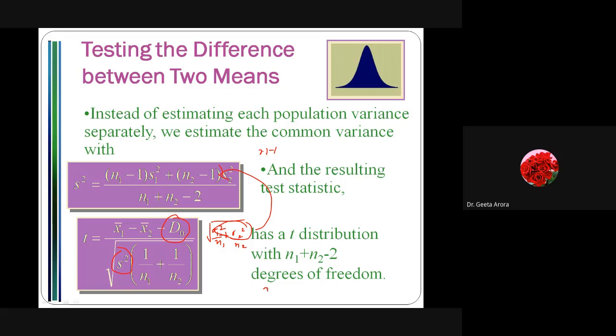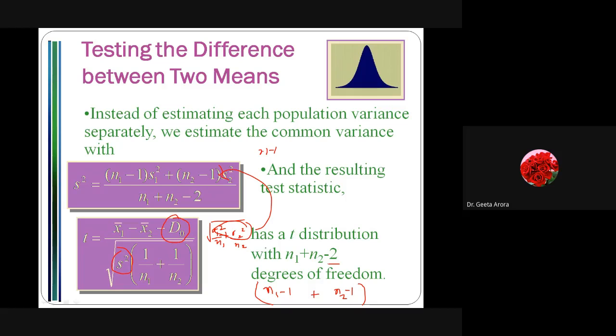So here, if we are talking about two samples, one with size n1 and another with size n2, their degrees of freedom are n1 minus 1 and n2 minus 1. If I combine the two values, the total degree of freedom is n1 plus n2, and the minus 1 and minus 1 give minus 2.